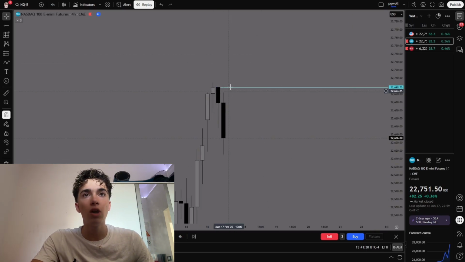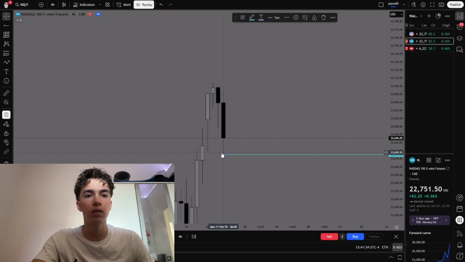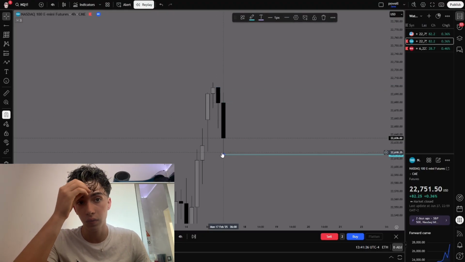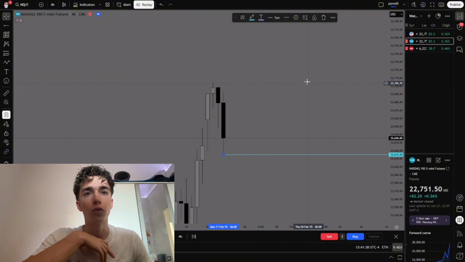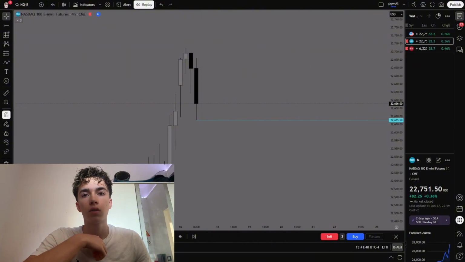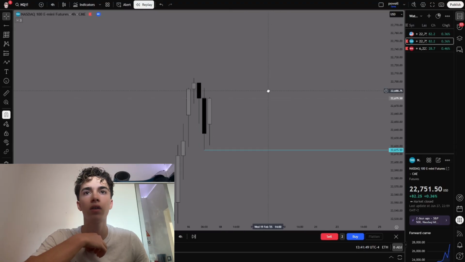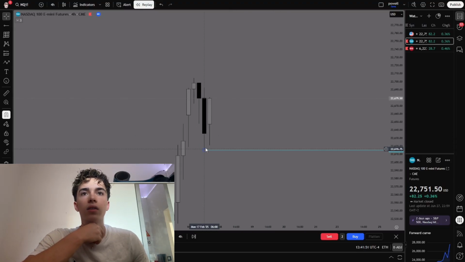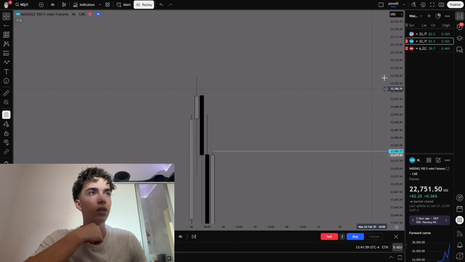We close below this line, so we aim for the next candle low, the weak low. Okay, what do we see? It got rejected again. Okay, it's fine. And what do we see now? We close above, so we aim for the weak high.